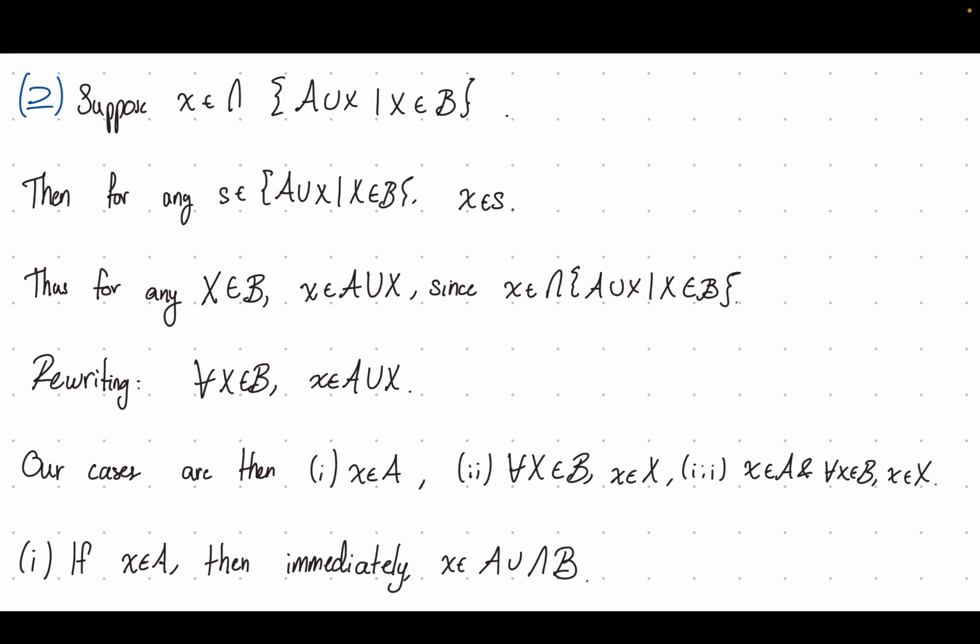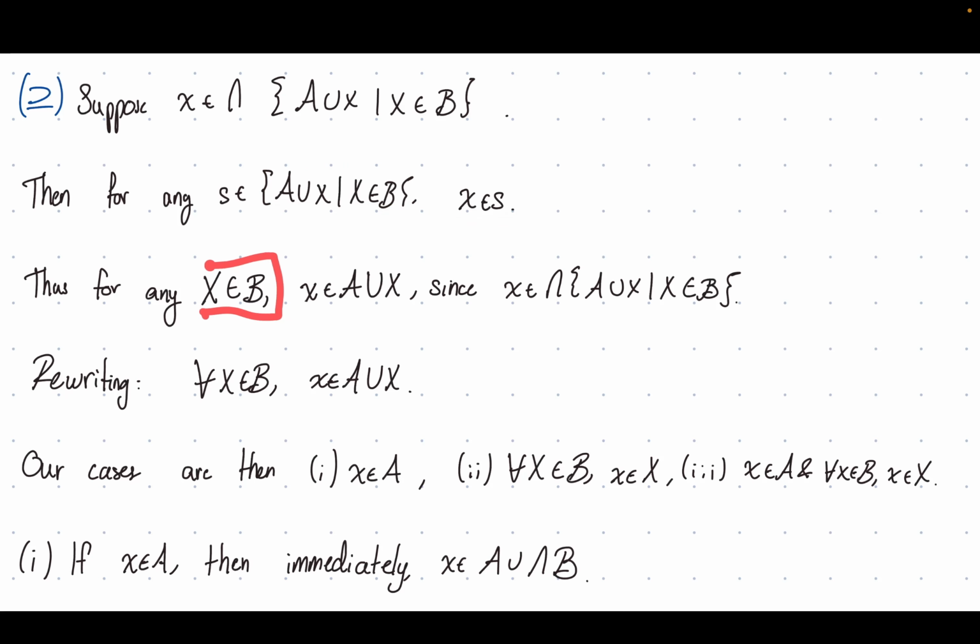So now we're instead supposing that our little x lies in the intersection of A union X such that X is in B. So if you pick out any S in, I don't know why I didn't call it big S, but anywho, pick out any little s in this set, then little x has to be in that little s.